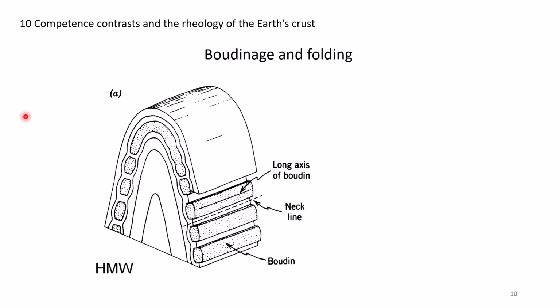Let's investigate the relationship between boudinage and folding. Here we see an example from Hobbs, Means, and Williams' beautiful textbook on structural geology. This is a classical example of the formation of boudins along the limbs of folds.